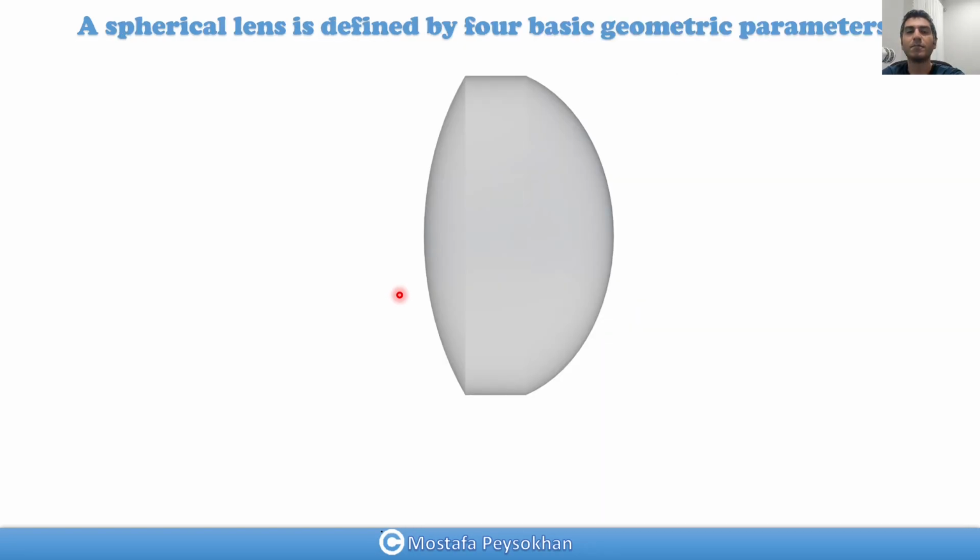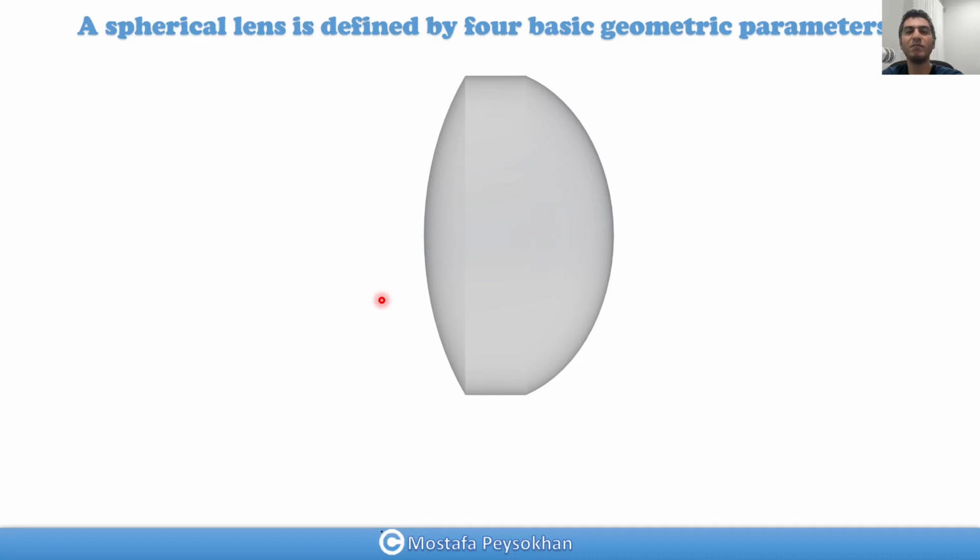So when we want to define a lens element geometrically in space, we need 4 basic geometric parameters. We can have many more parameters like the wedge of the lens, wavefront error, coatings, a lot of things.